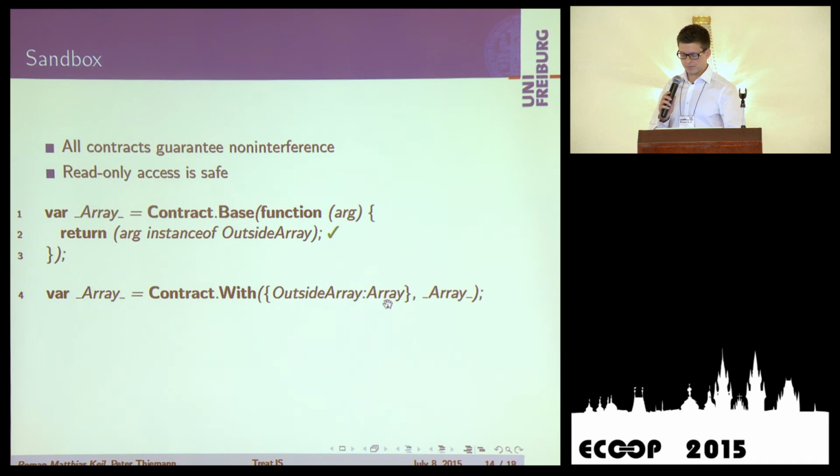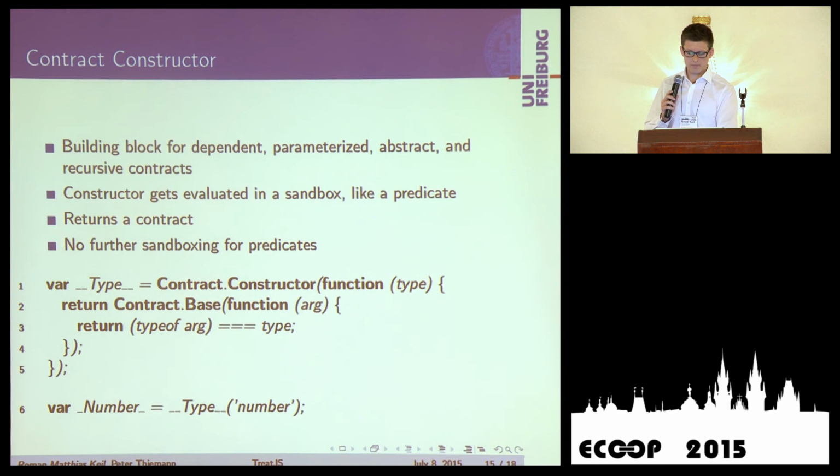So this array object is wrapped in a JavaScript proxy, which implements an identity-preserving membrane, and this guarantees that if one would modify the object inside of the predicate, then the sandbox raises a violation. Okay? Please continue.